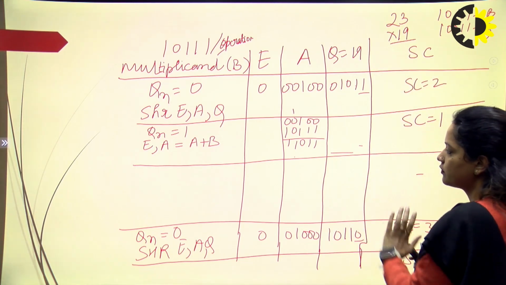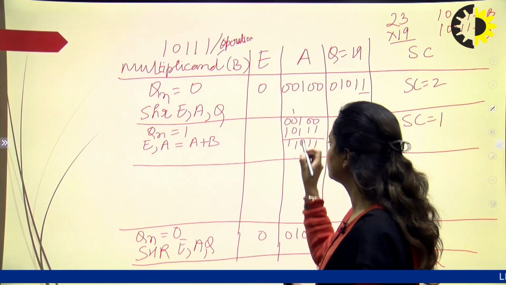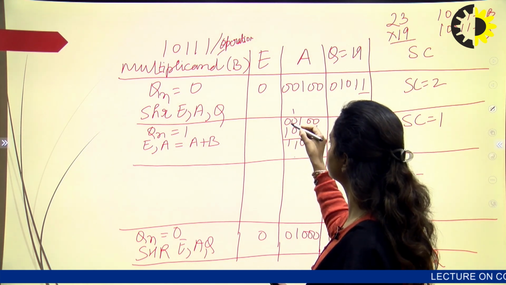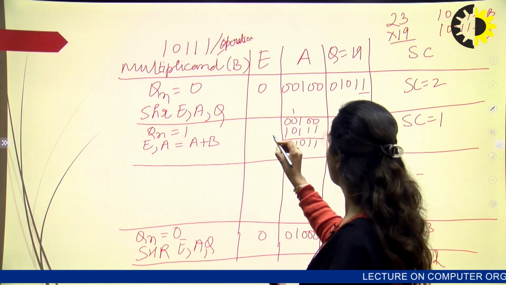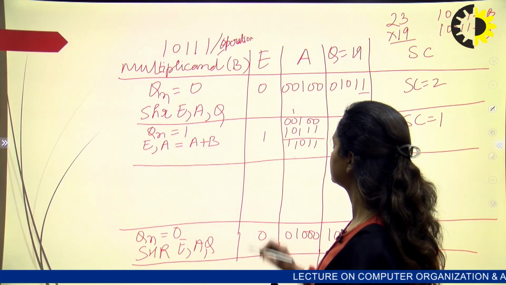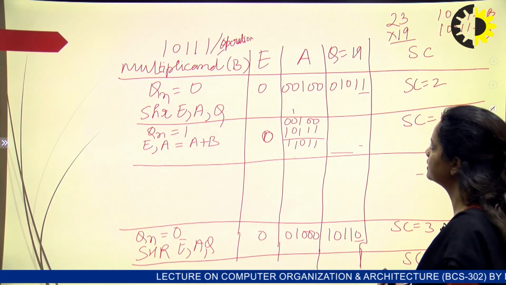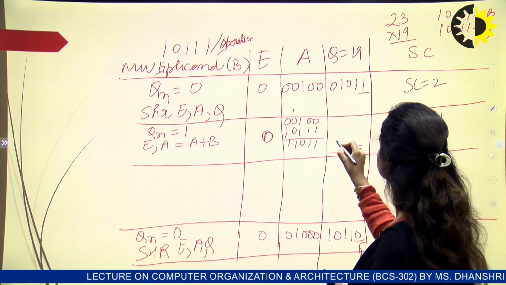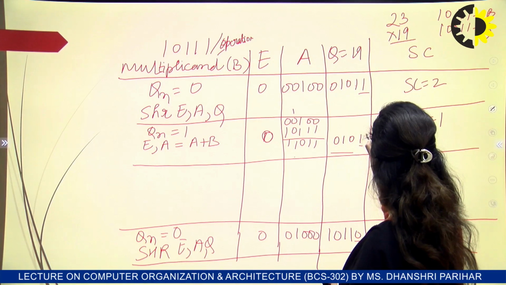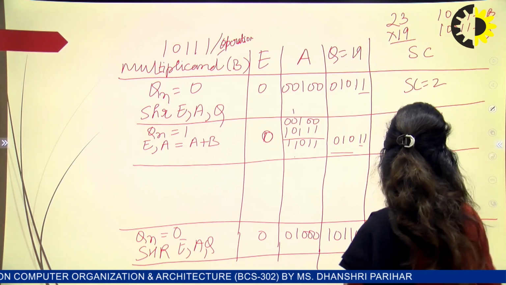So this is the result of this addition, and we do not generate any carry bit here because 0 plus 1 is 1. So the value of this E is 0, not 1, because no carry bit is there, and 0, 1, 0, 1, 1 that we have copied from above.